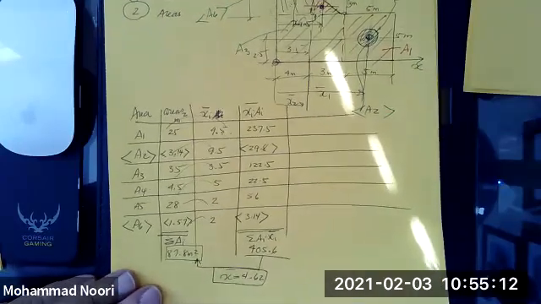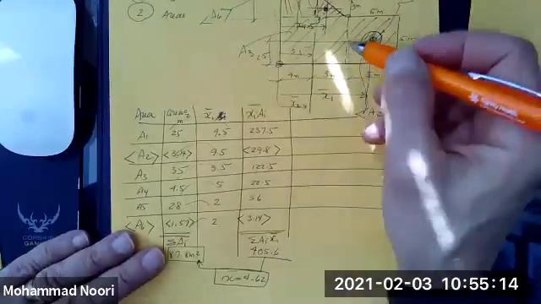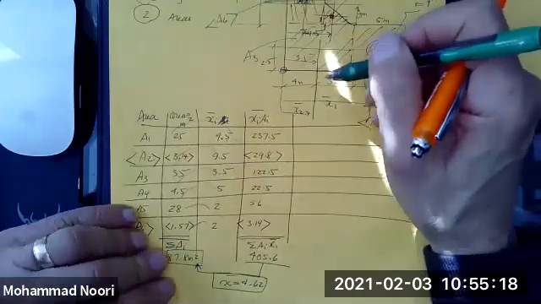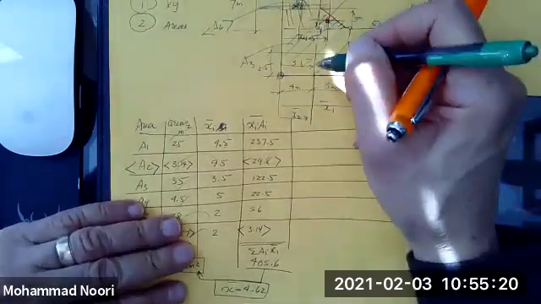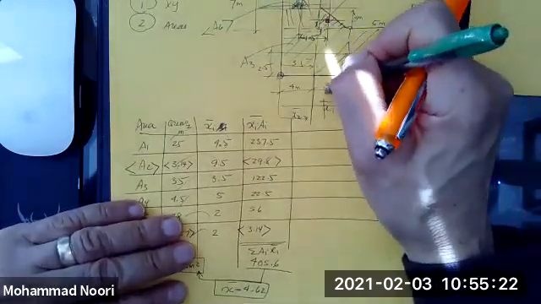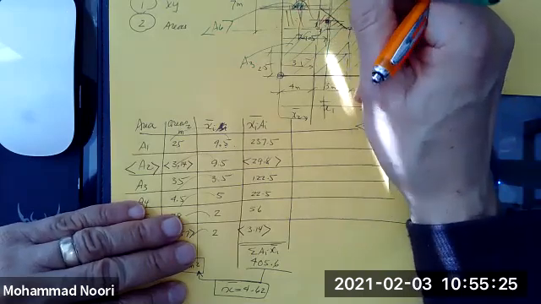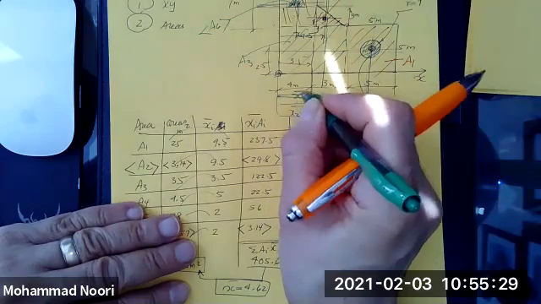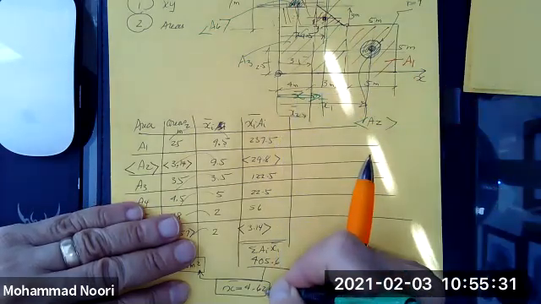That means the centroid of this shape happened to be somewhere along this line. This is 4, this is 3. That is, this is X bar, that is 4.62.